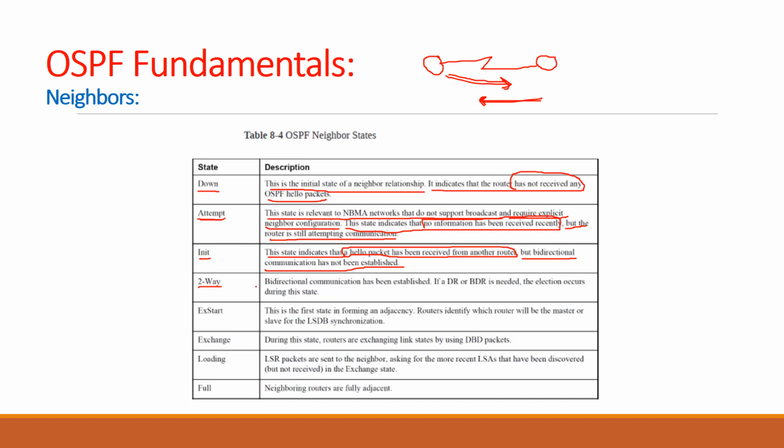The two-way state, its bidirectional communication has been established, and if a DR or BDR is needed, the election occurs during this state. Remember this. The election of the DR, designated router, or the BDR, backup designated router, occurs during the two-way state. And it means that this router sent a hello packet and the other router sent another hello packet.